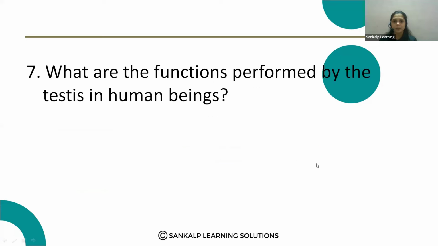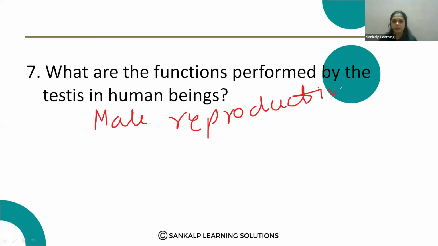Seventh one, what are the functions performed by the testes in human beings? Testes are the male reproductive structure, and they are located inside the scrotum, and that helps to maintain a temperature less than the body temperature.